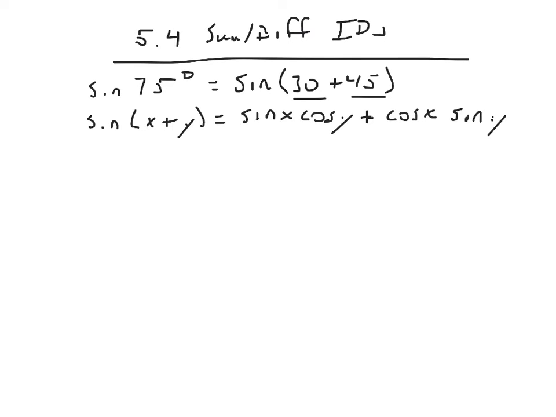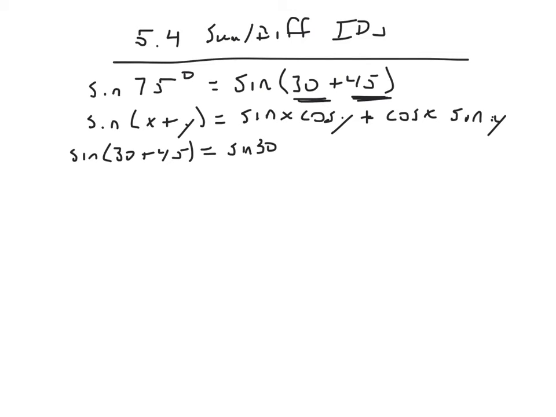That's the identity I want you guys to be looking at, because that's what I have now with the sine of 30 plus 45. So I can say that the sine of 30 plus 45 is going to be, sorry, let me erase that and get my handy dandy little eraser here.